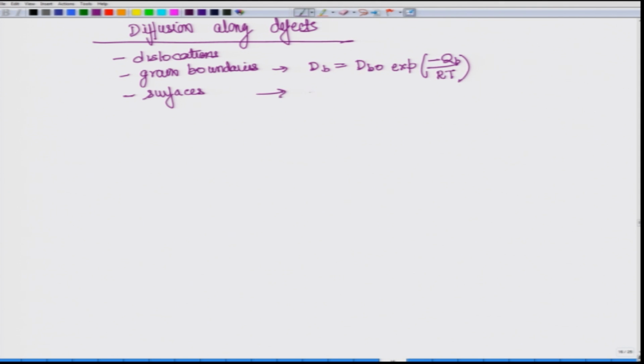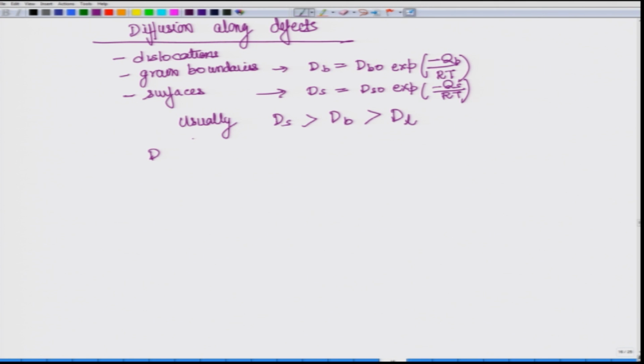And if you look at the surfaces, as a matter of general comparison, you should also know that usually diffusion through the surface will be greater than diffusion through grain boundaries, which will be greater than diffusion through the lattice. We will look at dislocations also separately, not in much detail, just to give you a brief understanding.